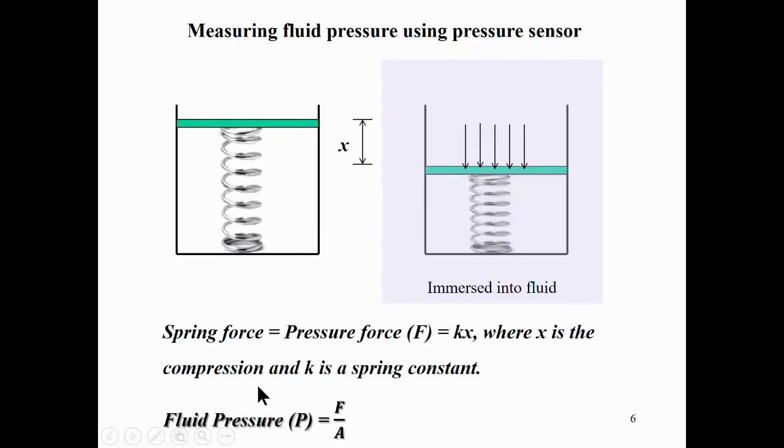We know that the spring force is K times X, where K is the spring constant and X is the compression or elongation. Then you can find the pressure, force per unit area, where force is given by Kx. That's the very basic working principle of any mechanical pressure measuring device.